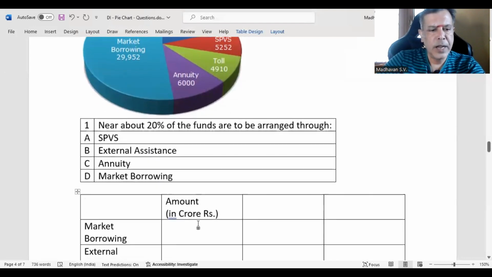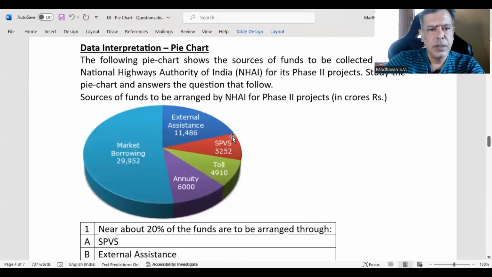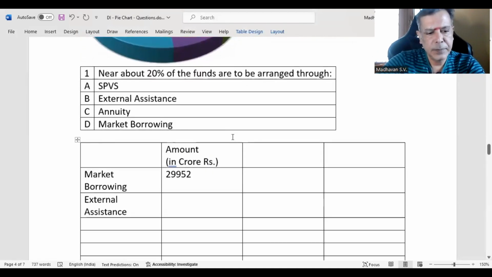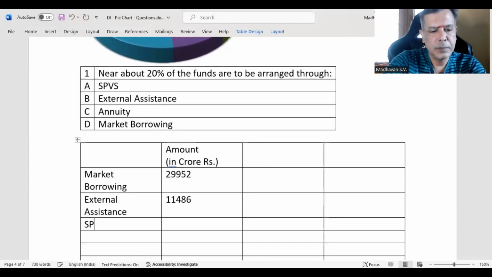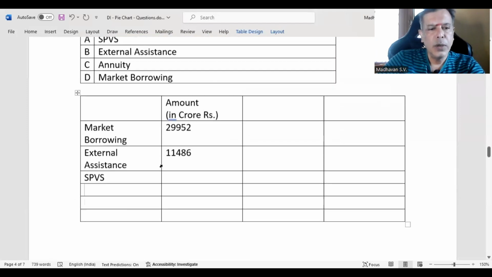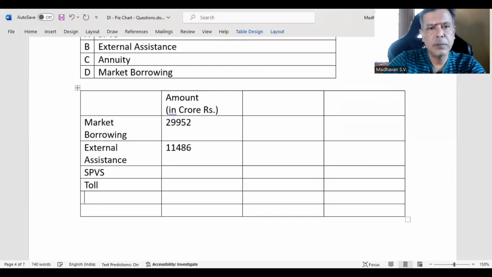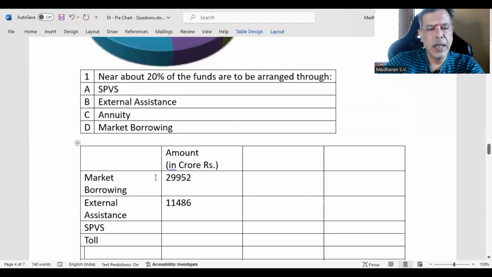Market borrowing 29,952. External assistance 11,486. Then SPVs, then toll, then annuity.